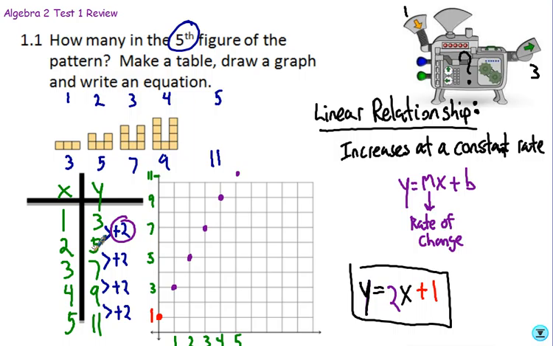So again, let's make sure we understand where these numbers came from. The 2 came from looking at the table and seeing how it changed by the same amount each time. So that number, what we'll refer to as our slope a little bit later on, is our rate of change. So it was adding 2 each time. Where did the 1 come from? Well, this is the value of y. It's almost like counting backwards. And so instead of saying plus 2 each time, we're saying, what if you counted backwards to when x was 0?